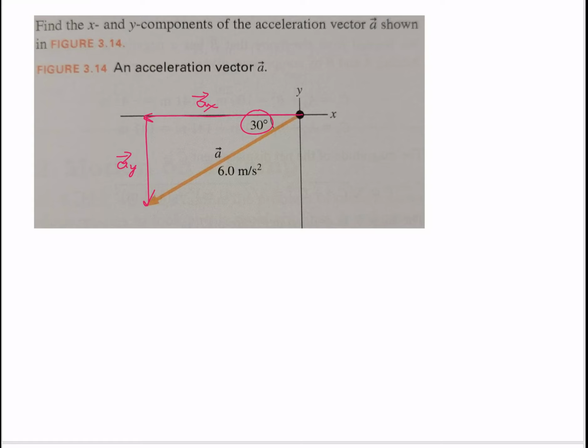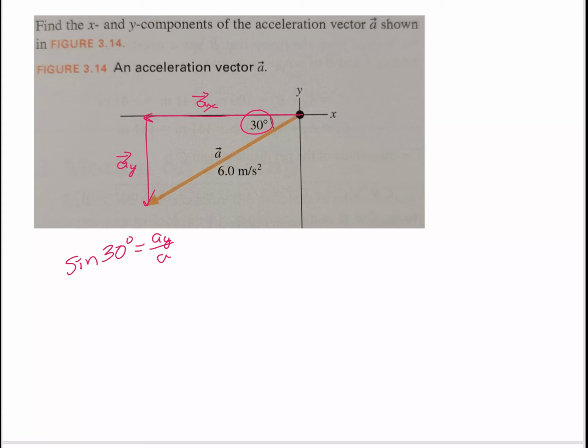Now we just have to figure out what their lengths are. How do we do that? A sub y is the opposite side, and A is the hypotenuse, so that's sine. So sine 30 degrees equals A sub y over A, which is 6.0 meters per second squared.